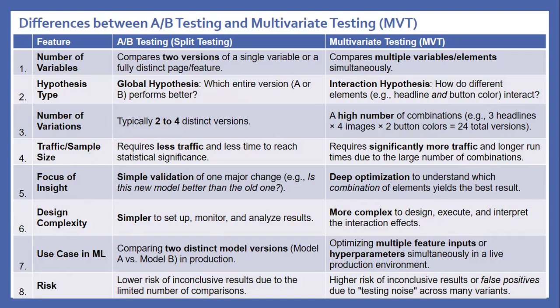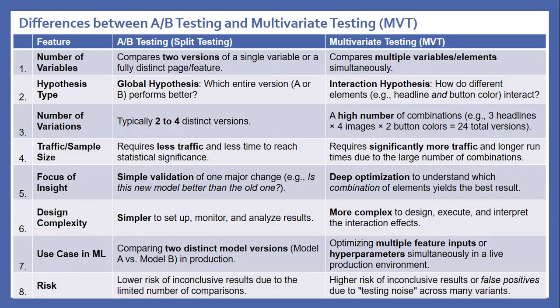Multivariate testing requires significantly more traffic and longer run time due to the large number of combinations. Focus of insight. A/B testing is simpler to set up, monitor and analyze results. Multivariate testing is more complex to design, execute, and interpret for interaction effects.